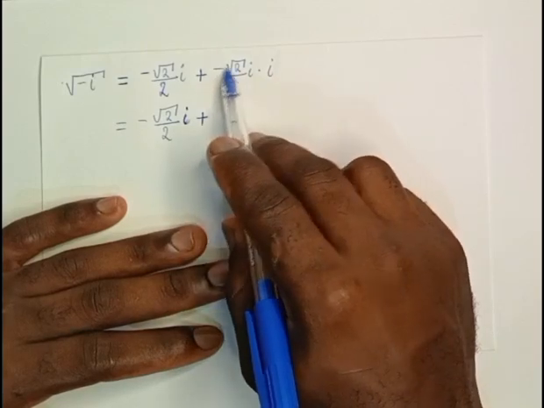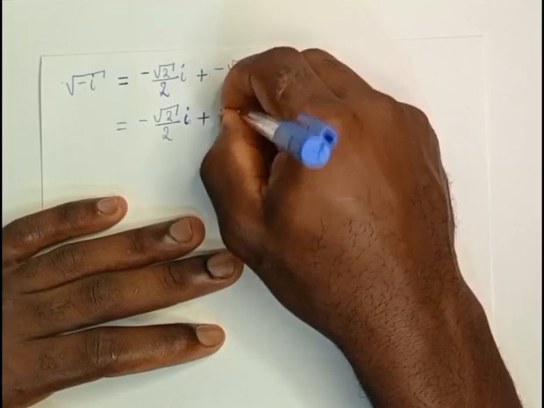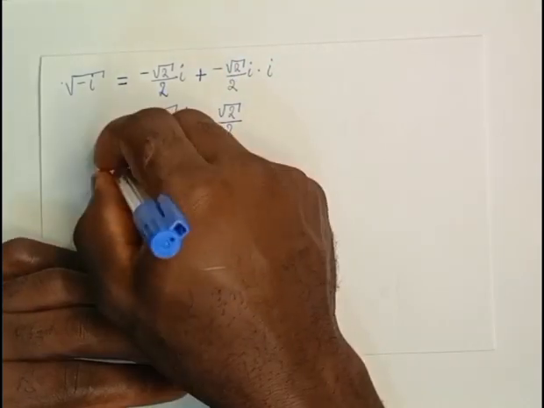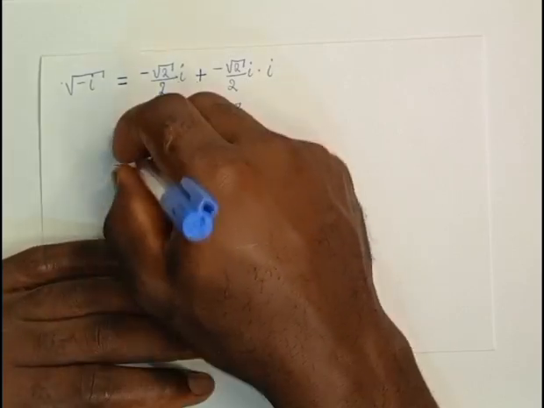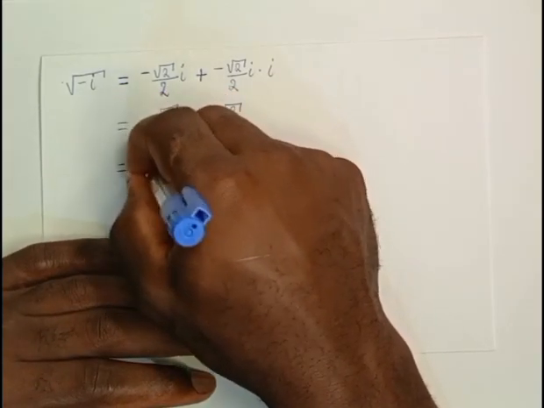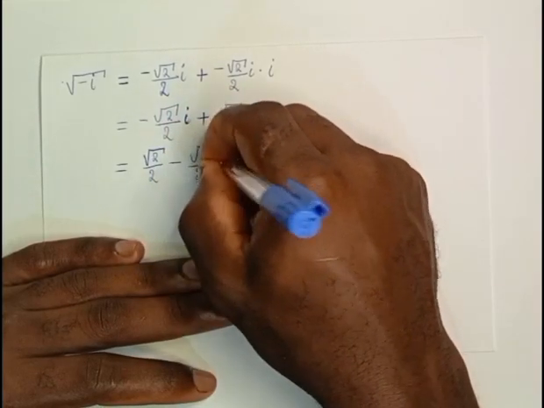Negative 1 times negative root 2 over 2 gives us positive root 2 over 2. This will be equal to, we bring the real part first, root 2 over 2 minus root 2 over 2 i.